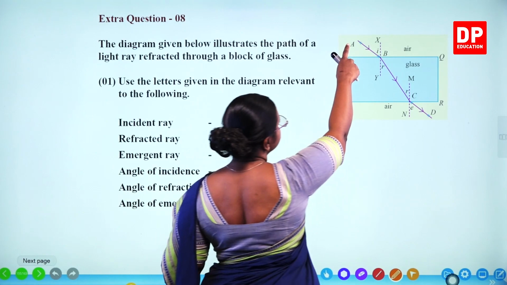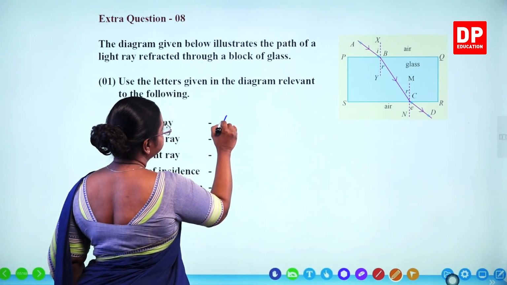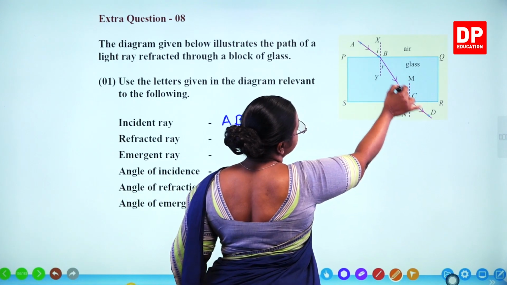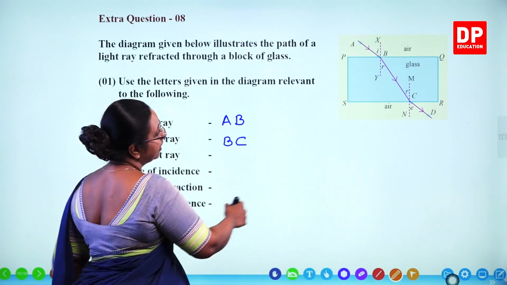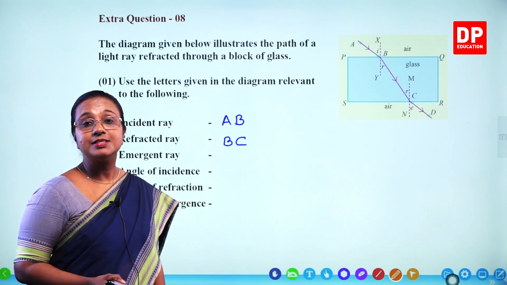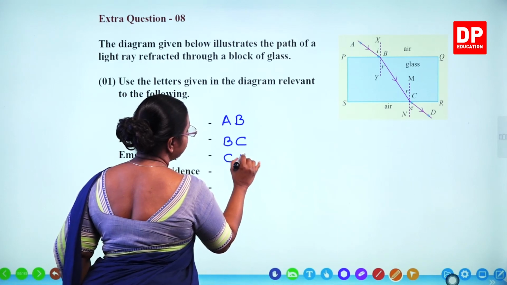So here you can see this is the incident ray AB. Then what happens? It refracts at this point. So BC is the refracted ray. And what comes out of the block of glass is the emergent ray, emergent ray CD.